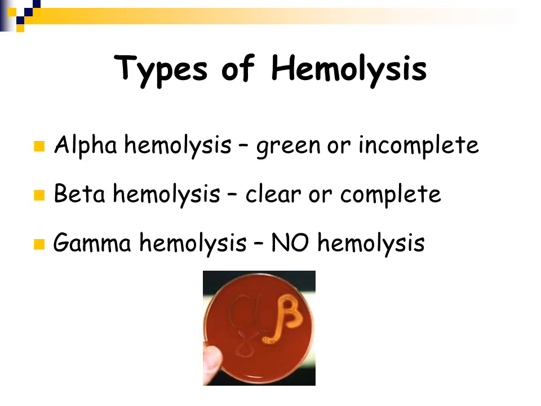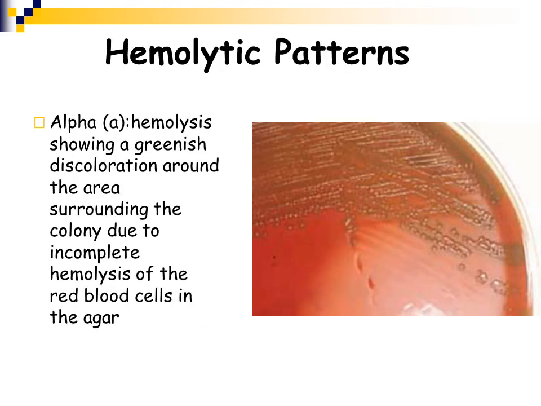So I said the streps are commonly differentiated based on their hemolysis. So we mentioned previously that sheep blood agar, or what's called blood agar plates or BAPs, are commonly used in the clinical laboratory, and they're a great media because almost everything will grow on them except for a few fastidious organisms.